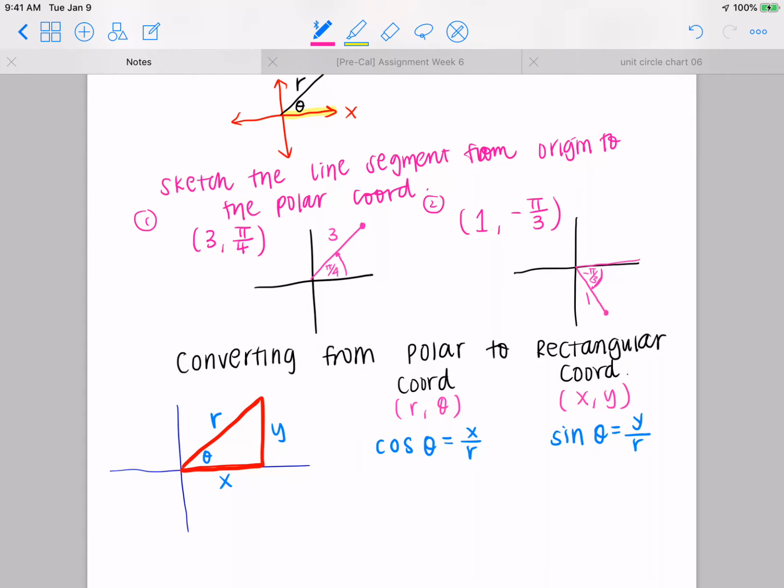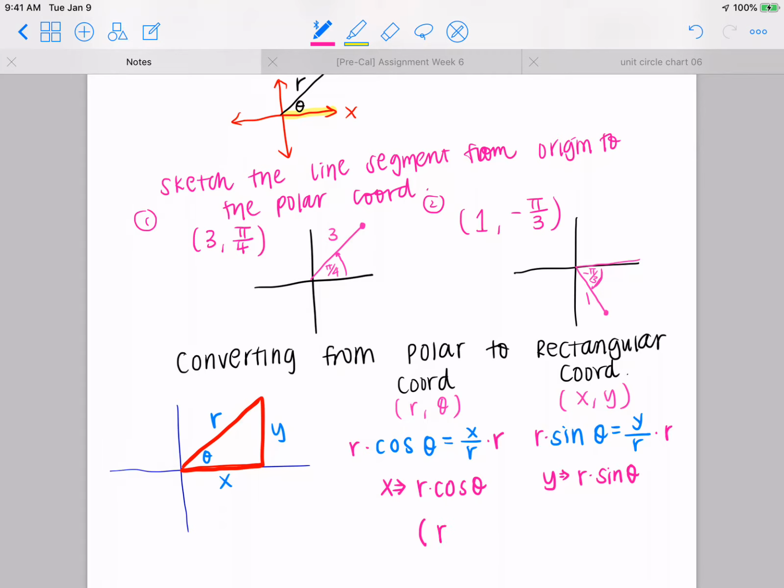Since we are going from polar to rectangular, we are solving for x and we are solving for y. So I'm going to multiply r to both sides, and multiply r to both sides for this one as well. In this case, x is going to be represented by r times cosine theta, and y would be represented with r times sine theta.